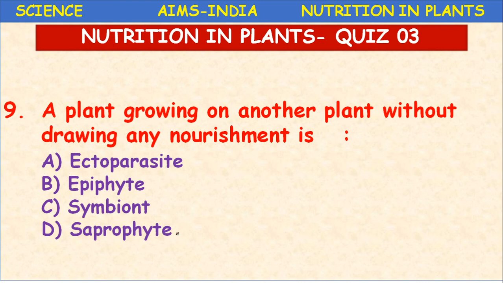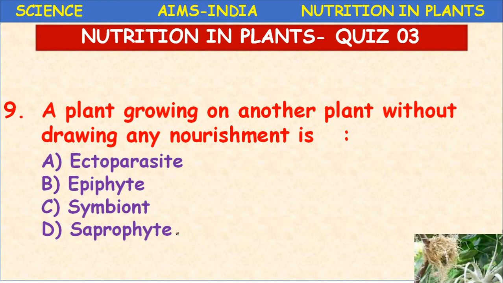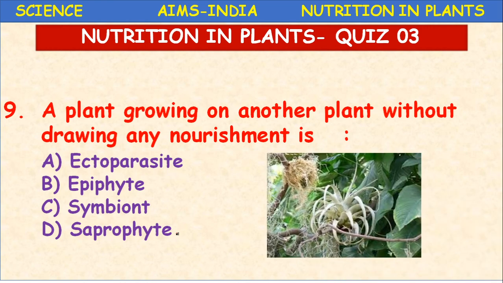So here the answer is, this is one example of the plant which is growing here. See, this is another plant and this is another plant. The name is Vanda, V-A-N-D-A.